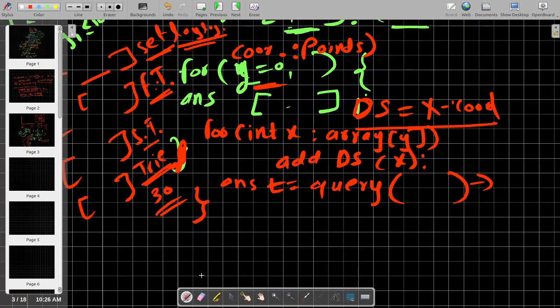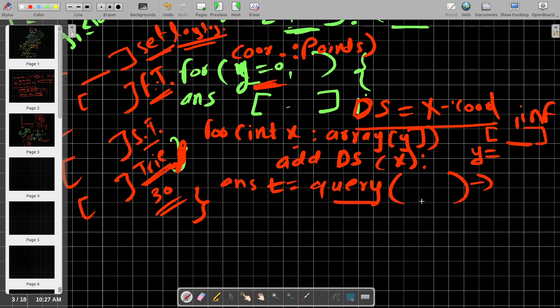Let me first discuss the range we are finding. Now we are given the fixed y, right? Now we know the y, because it is sorted by y. And for whatever x we are doing this, we are adding it to the data structure, so we can find the numbers in the range. So what is the range? It is infinity comma whatever the current x coordinate is, right?